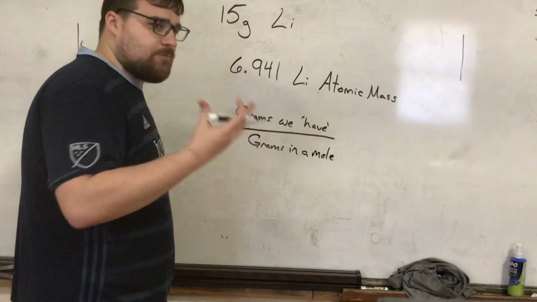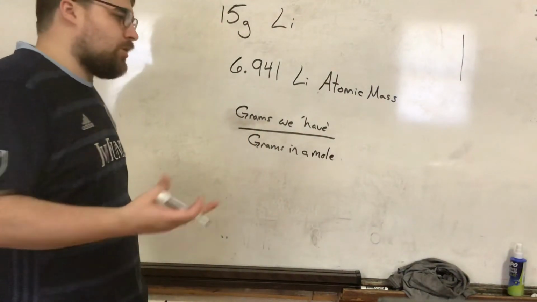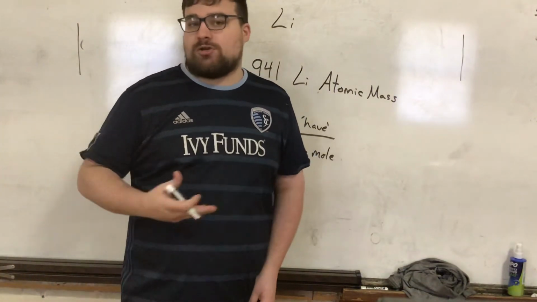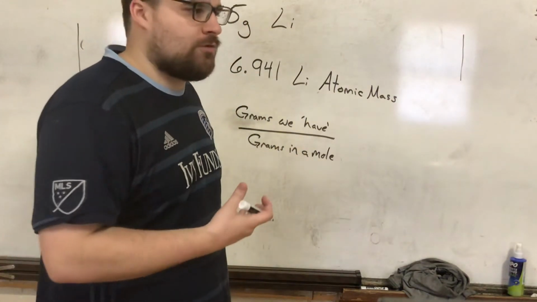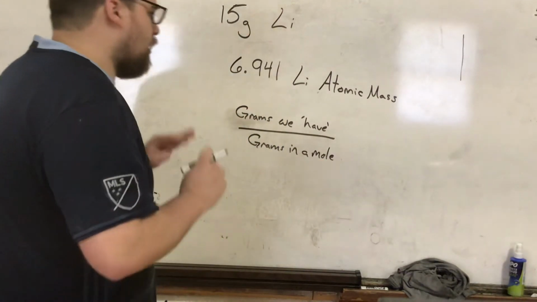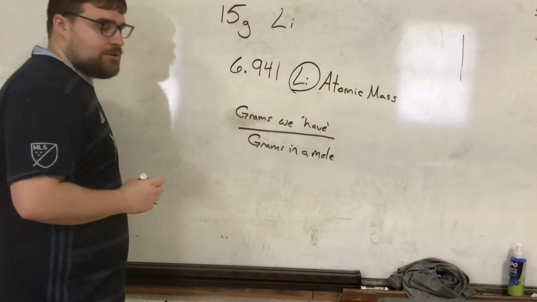And remember, this is very specific to the element we're working with. The grams in a mole of lithium is different from the grams in a mole of carbon, and that's different from the grams in a mole of molybdenum. It is entirely dependent on the element provided to us.